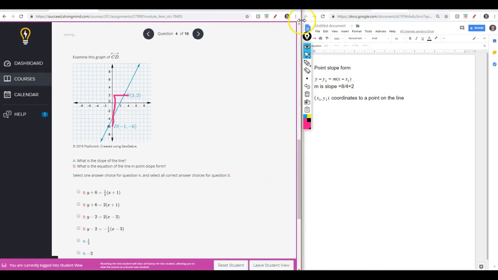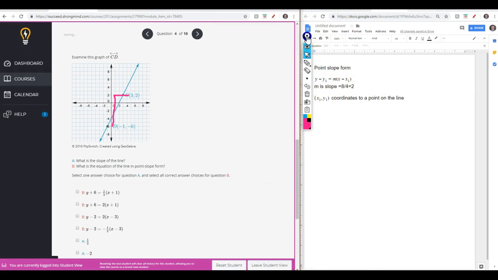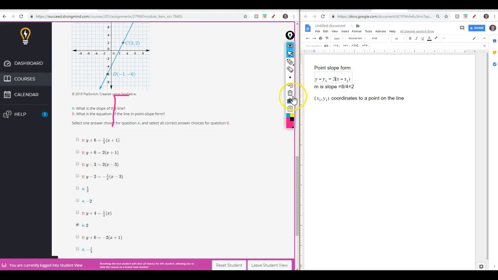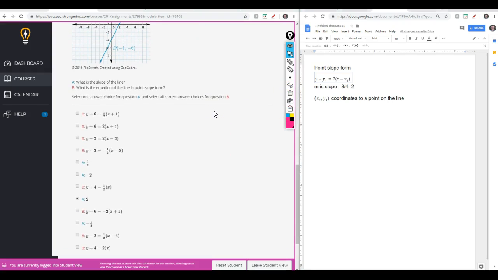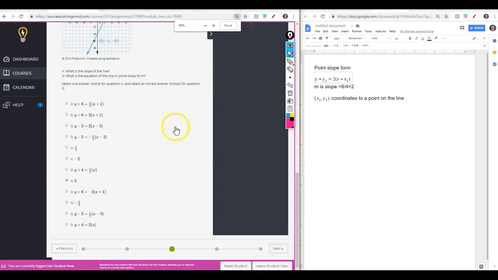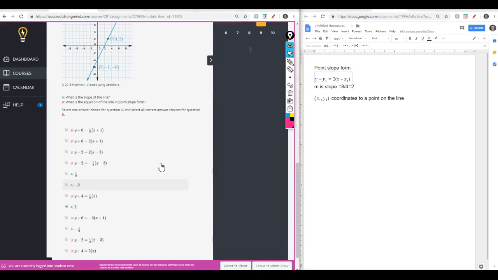So now when I'm looking at the rest of the formula, I know that this is going to be a 2. So this is what I would do. I want to leave it so I'm not scrolling again. That way we can see our points and all of the options.